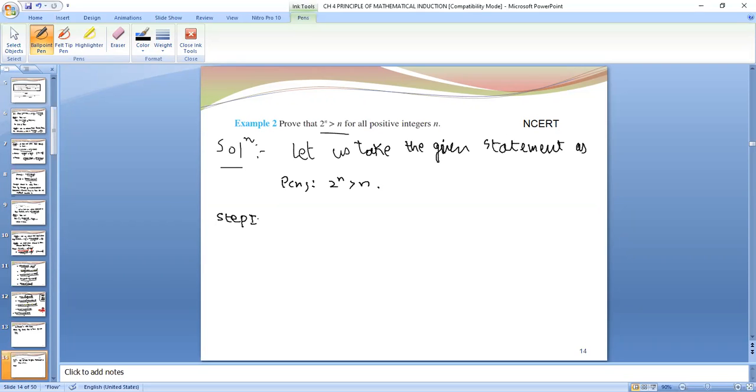Now step 1. Take n equals 1. So when we take n equals 1, P of 1 is such that 2 raised to power 1 is greater than 1. 2 is greater than 1. Is it true?